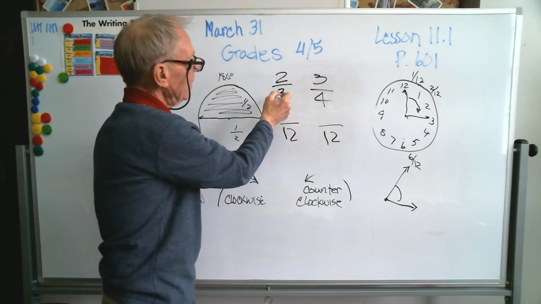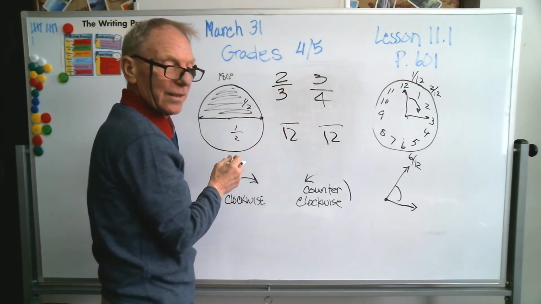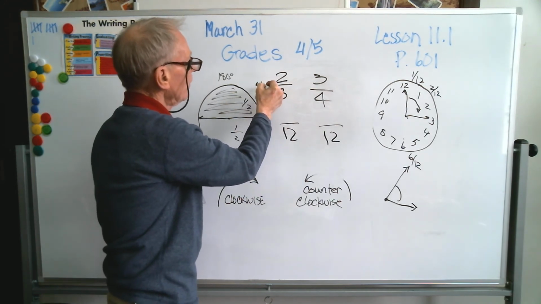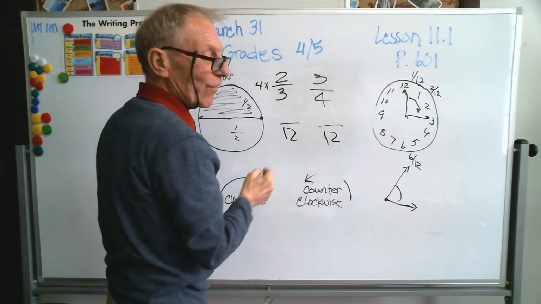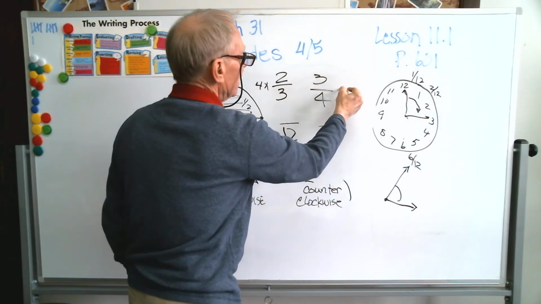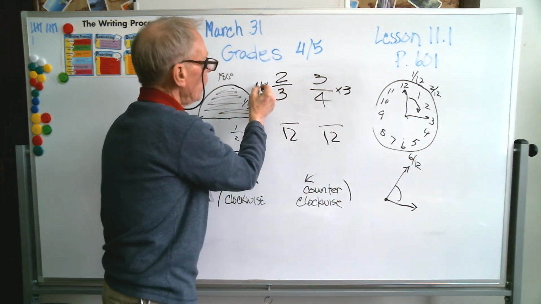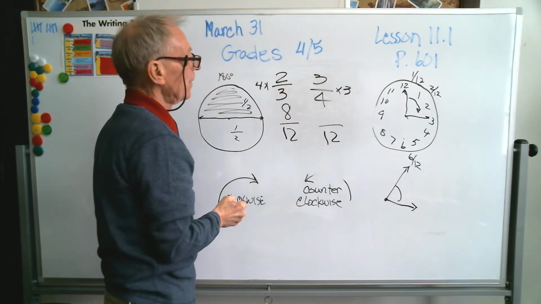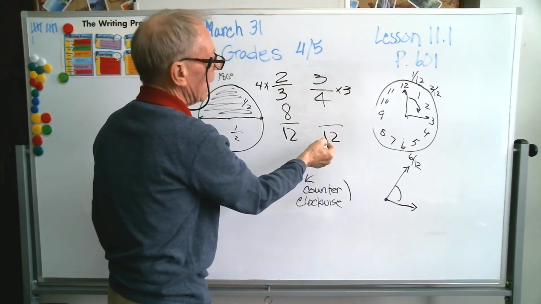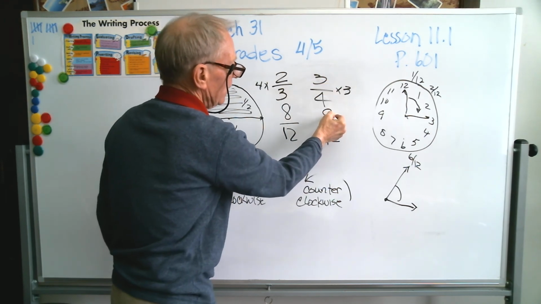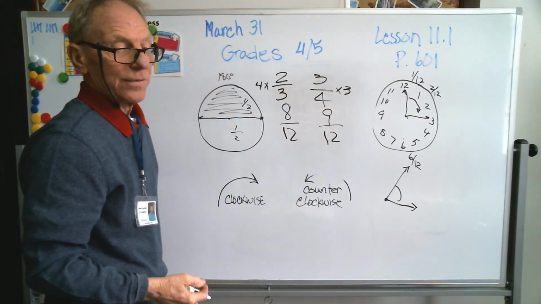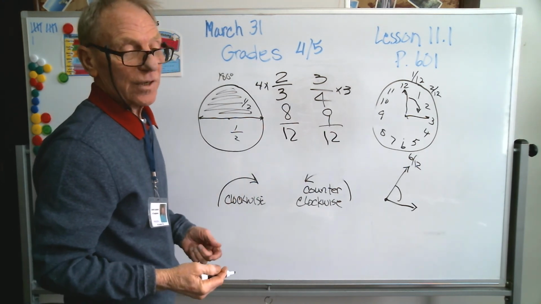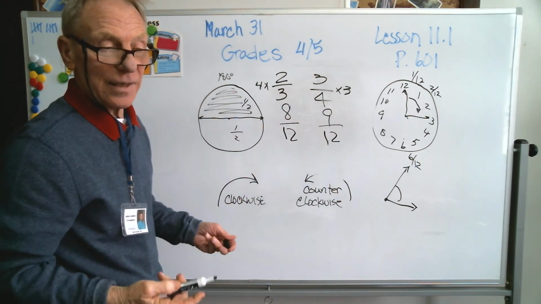And in order to get that 3 to turn into 12, we have to multiply it times 4. And in order to get that 4 to 12, we have to multiply it times 3. So 4 times 3 is 12. 4 times 2 is 8. And here 3 times 4 is 12. 3 times 3 is 9. So our common denominator is 12. Our fractions equivalent are 8 12s and 9 12s.